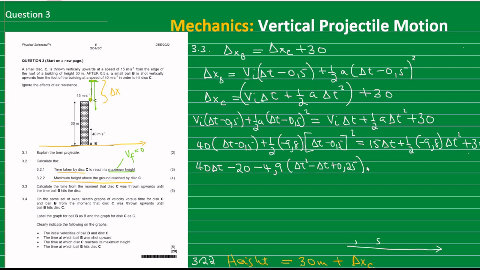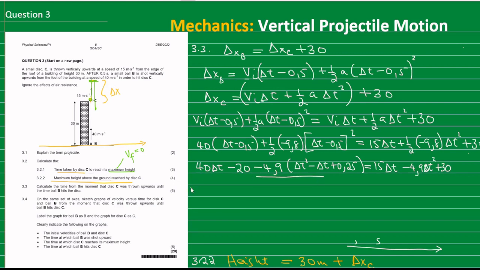This is going to give us on the right side 15 delta t, okay, minus 4.9 delta t squared plus 30, okay. So let's multiply over here.